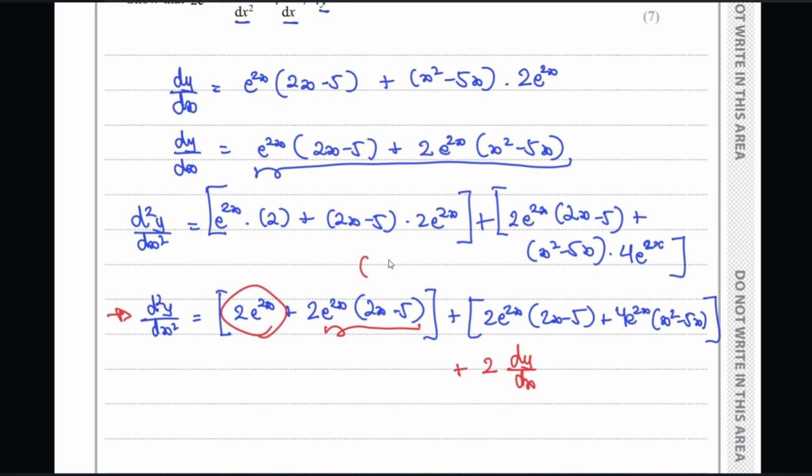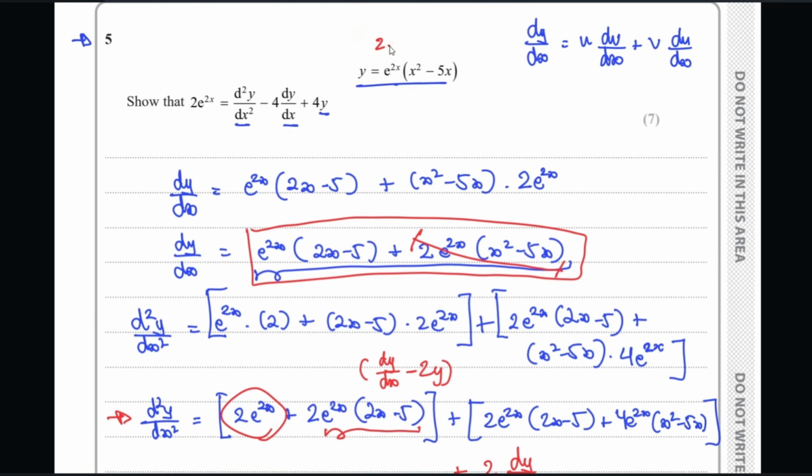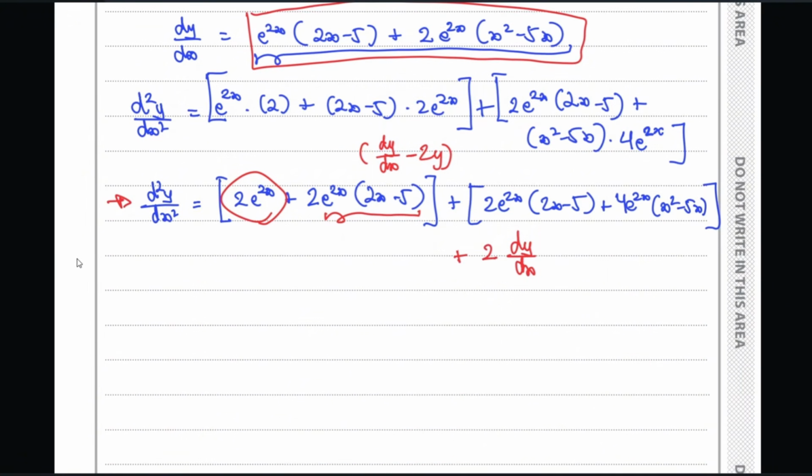If we subtract 2y, this will be gone, because 2y would be 2 e to the power 2x times x squared minus 5x. So it exactly matches this, and this will be gone. dy by dx minus 2y will just give us e to the power 2x times 2x minus 5. Let's substitute those values here. So all of this is the same as 2 times dy over dx.